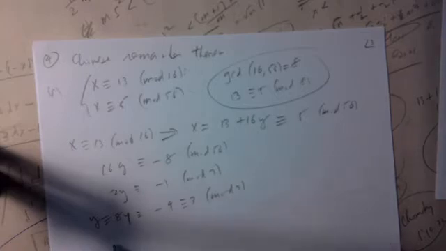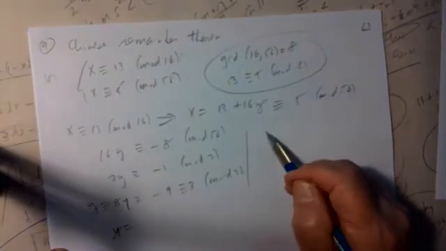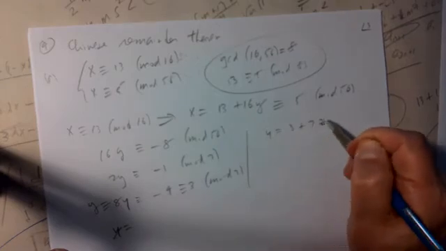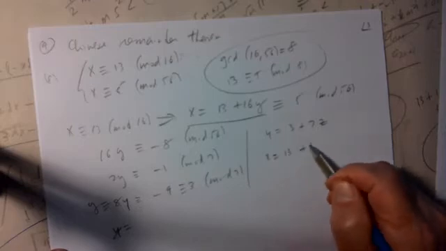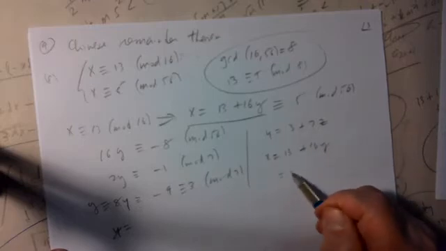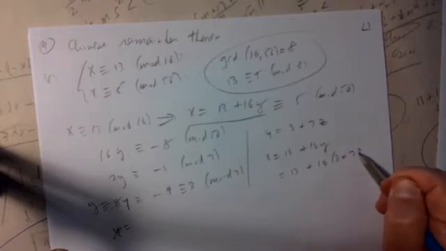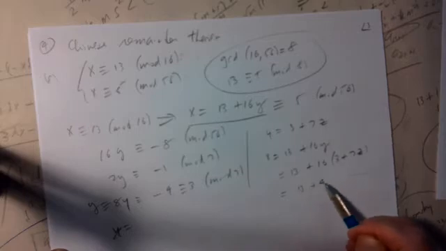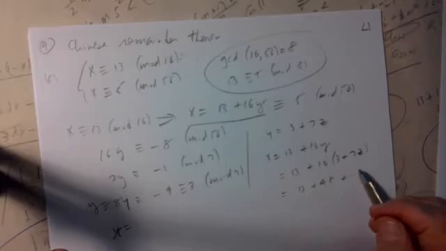So y can be any number of the form 3 plus 7z, and so x is 13 plus 16y, which is 13 plus 16 times 3 plus 7z, which is 13 plus 48 plus 7 times 16.